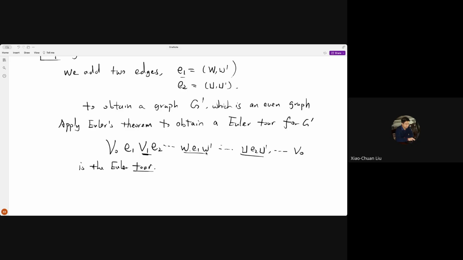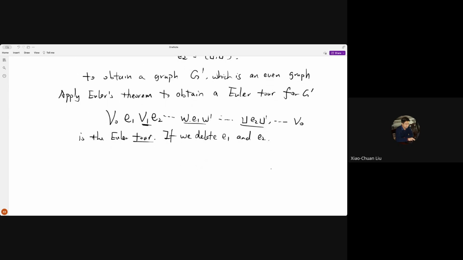Imagine what happens if we delete e1 and e2, because we want to come back to the original graph. Imagine you have a cycle; if you delete two edges, you get two paths.